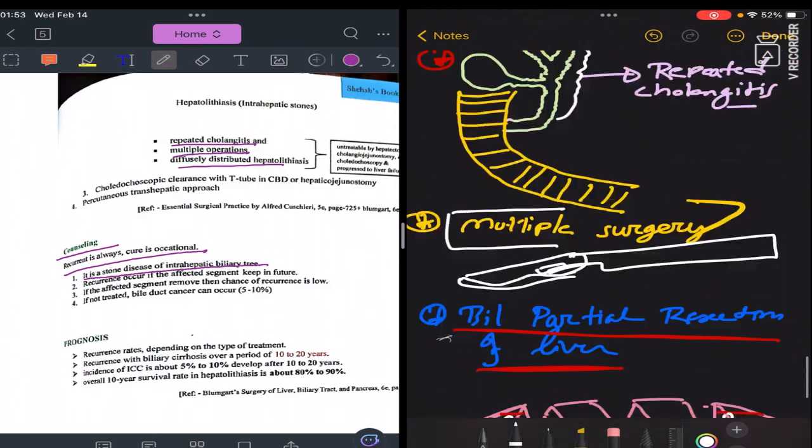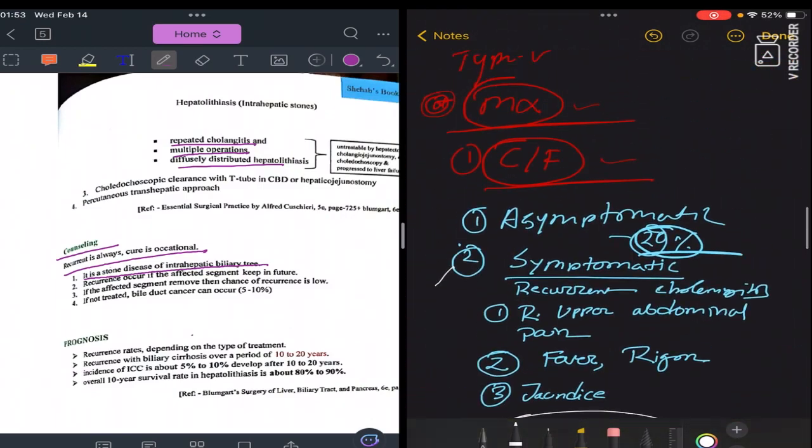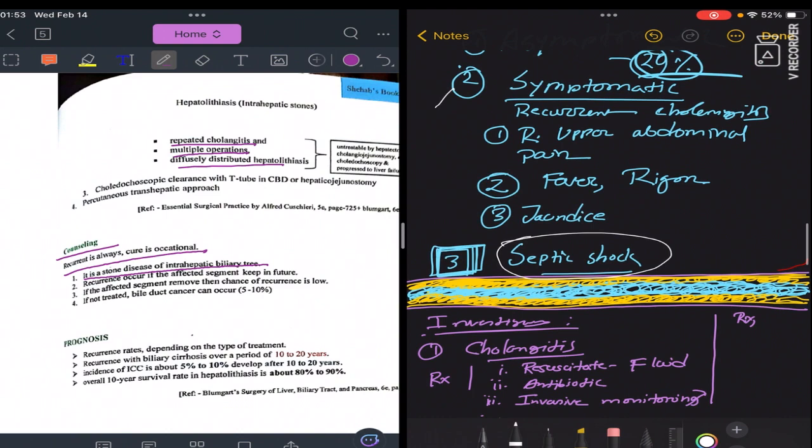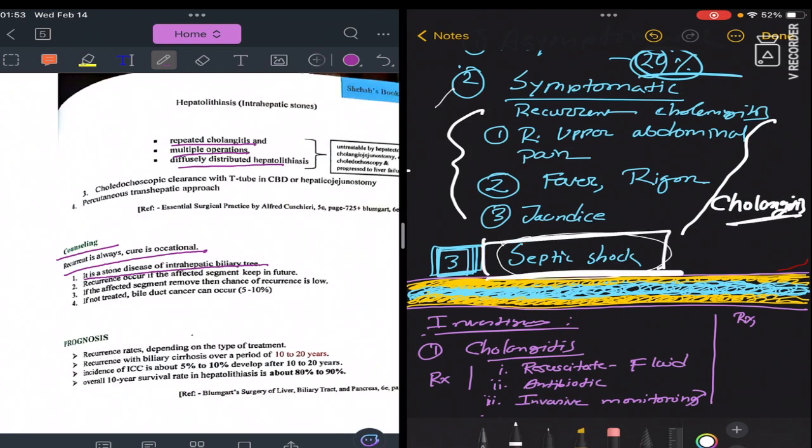then after asymptomatic, patient may also present with upper quadrant pain and symptomatic features of cholangitis. Then there is important feature of septic shock.